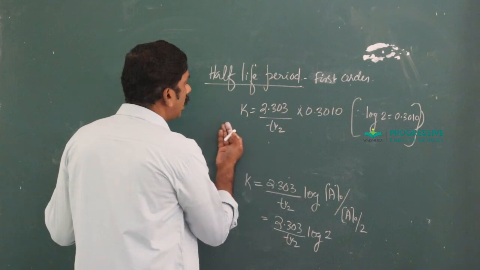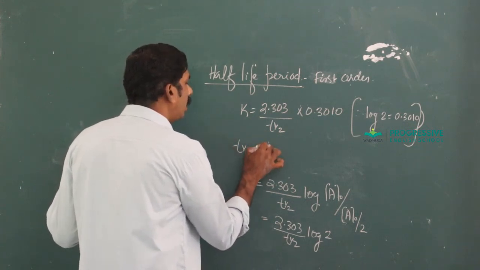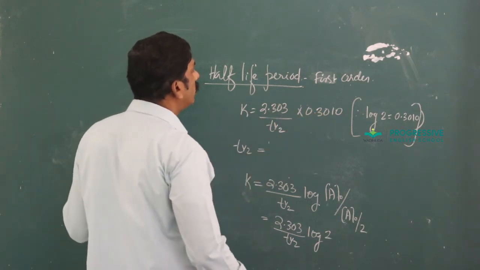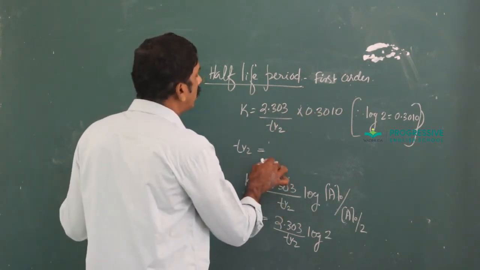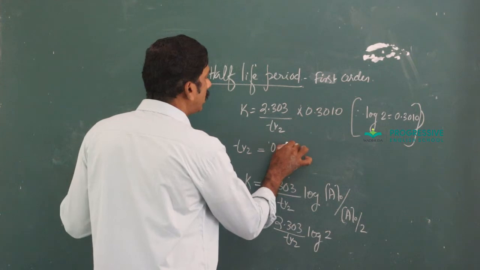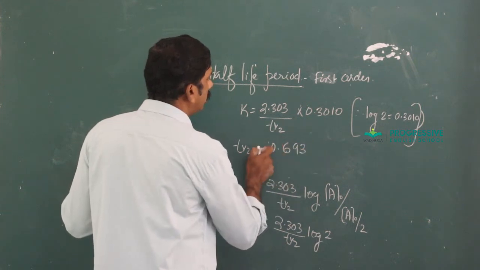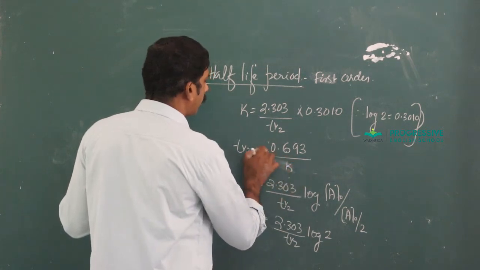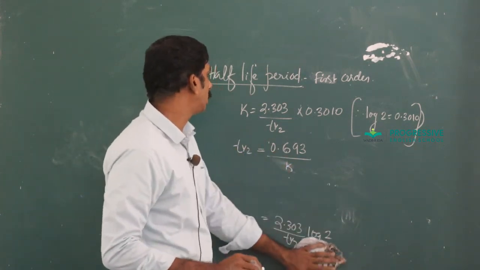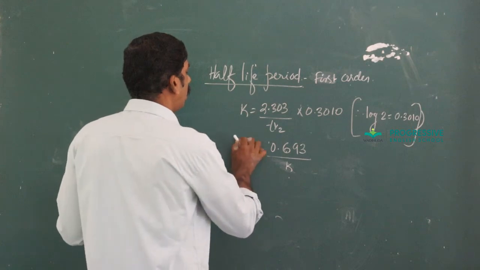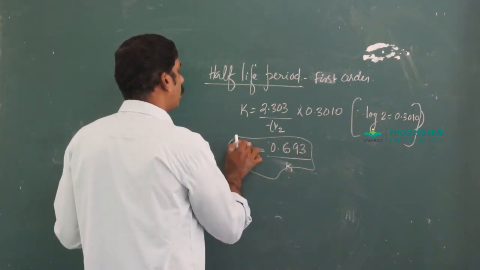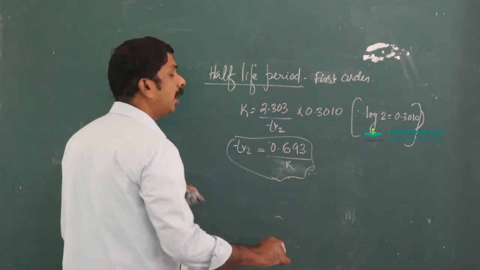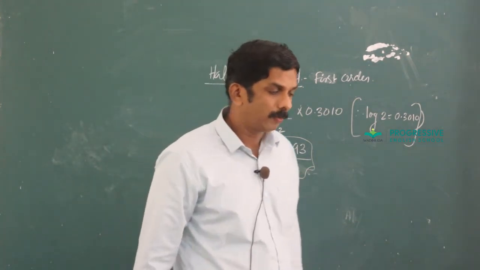And we can rearrange this: T half equal to 2.303 into 0.3010, which means 0.693, divided by K. 0.693 divided by K is the expression for the half-life of a first order reaction.